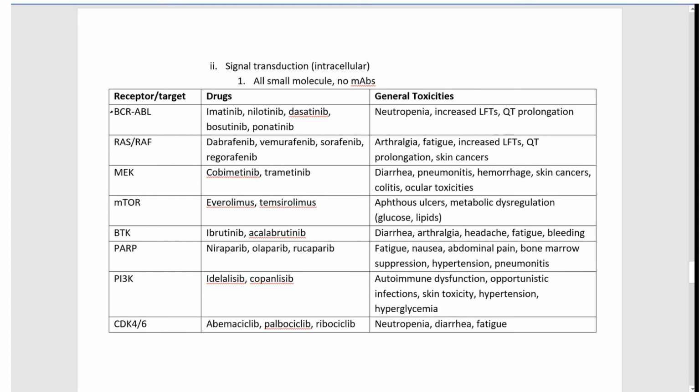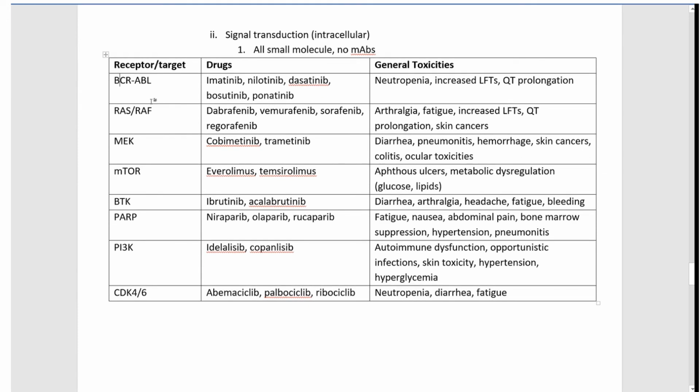And a hallmark of that would be something like BCR-ABL for CML, chronic myelogenous leukemia. Now we're getting into the signal transduction part, which is the intracellular component. There have been many identified mutations of BCR-ABL that have sensitivity to bosutinib and ponatinib and more of the second generation TKIs versus imatinib.